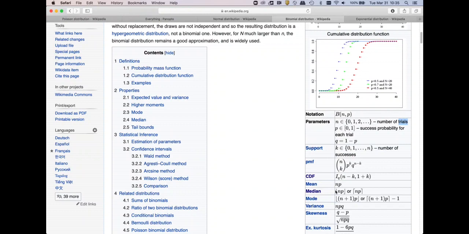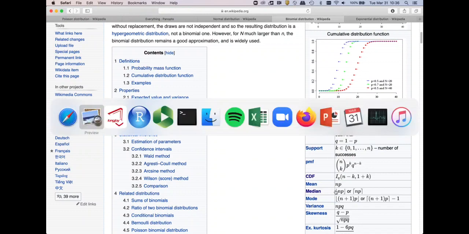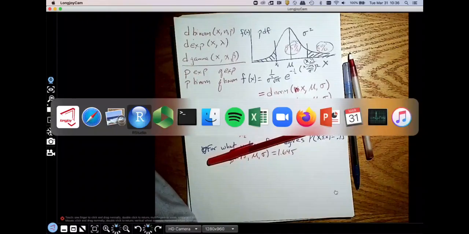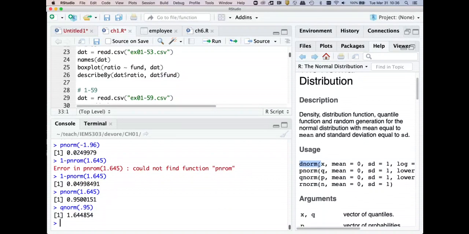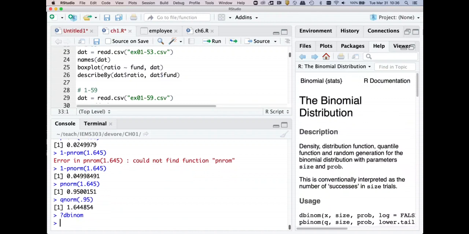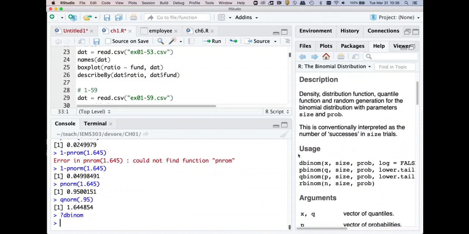All right, I want to cover just one more function in R. So we've got to go back to R. With any special random variable, there are 4 functions: D, P, Q, and R. If we go look at the binomial page, you're going to see the same 4 functions.